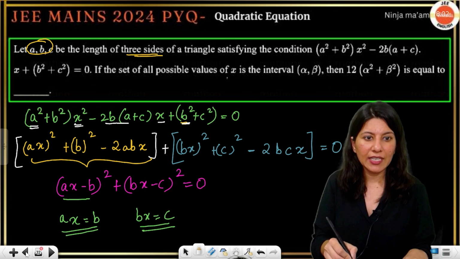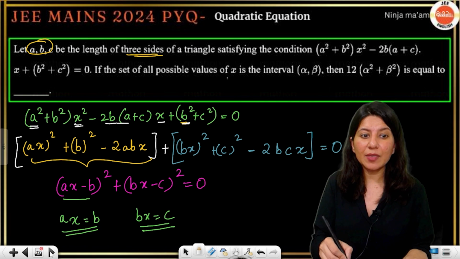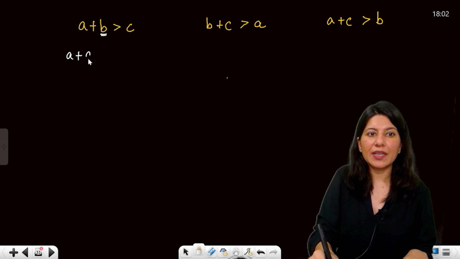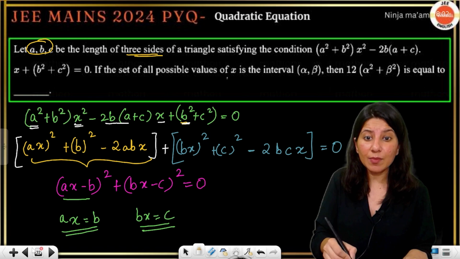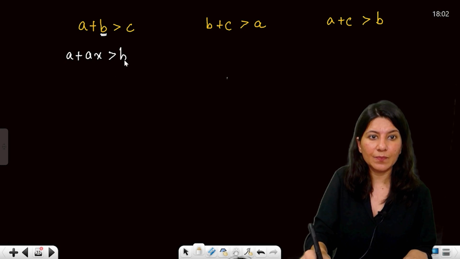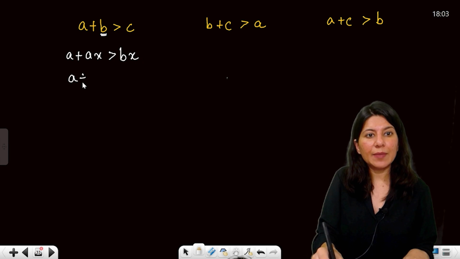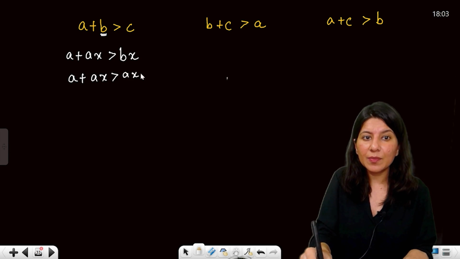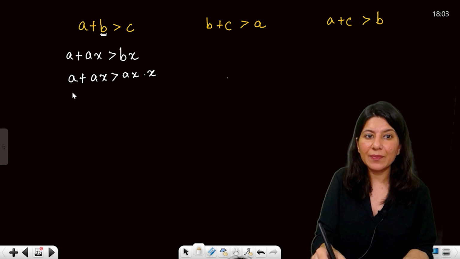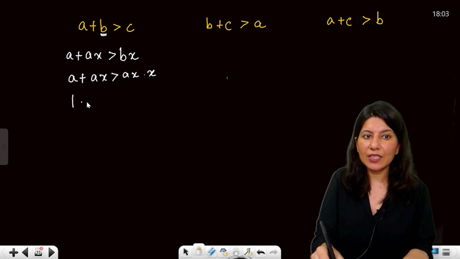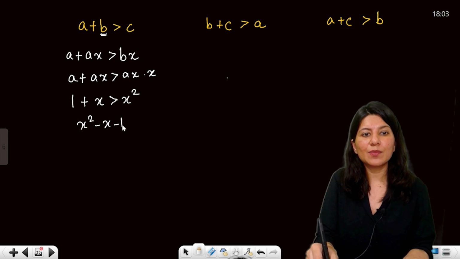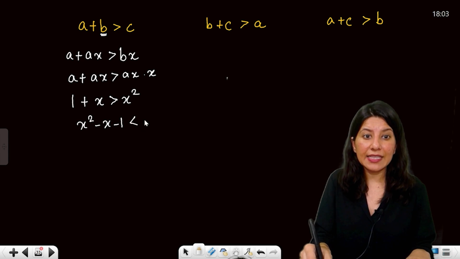Let's solve this out. b can be replaced by ax, and c can be replaced by bx. So a plus ax greater than b, which again can be replaced by ax. What is happening? a is a positive quantity, you can cancel it. 1 plus x greater than x square, so x square minus x minus 1 less than 0.